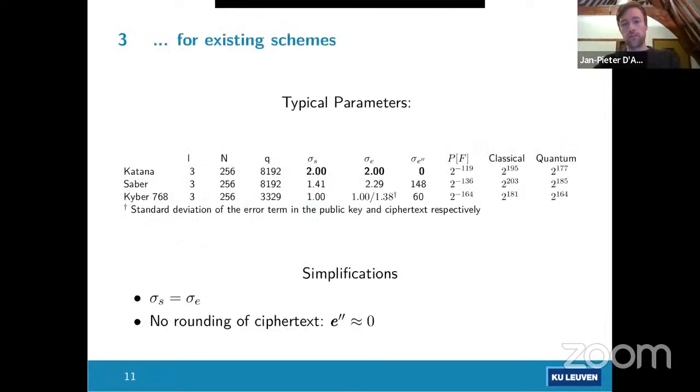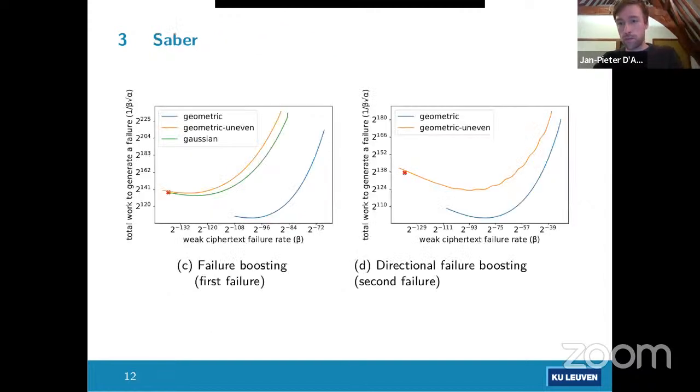Also, we looked specifically at Kyber and Saber. In our previous Eurocrypt work, we actually worked on a simplified scheme, which we call Katana, and we made some simplifications to make the cost estimation easier. In this work, we look at models that can also obtain estimates for Saber and Kyber.